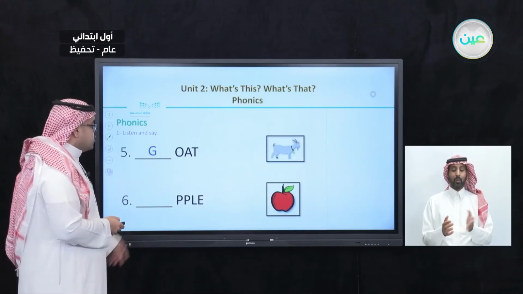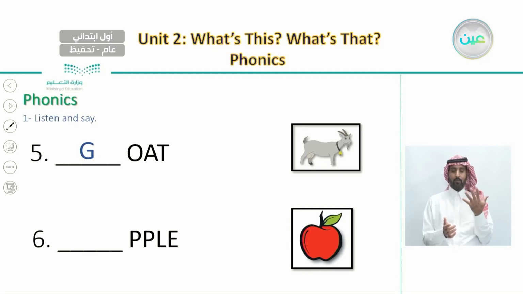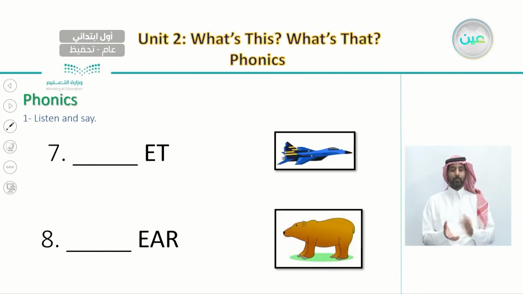Also, number 4, the letter is G, the word is goat. On number 6, the letter is A, and the sound is apple. Number 7, the letter is J, and the word is jet.